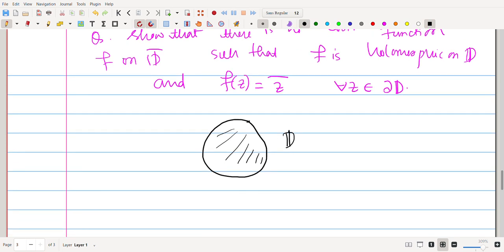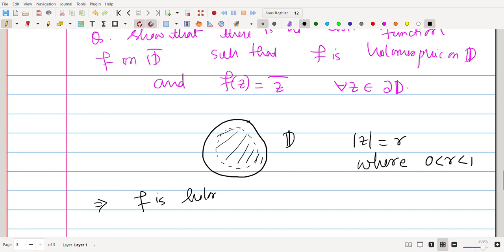If you take any loop here, say mod z equal to r, where 0 is less than r less than 1, then f is holomorphic inside that domain. So from the given condition, f is holomorphic in mod z less than r.